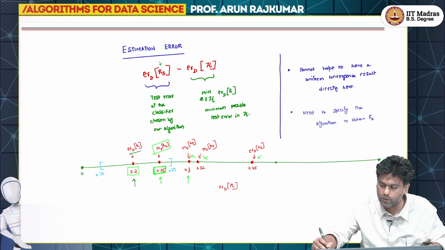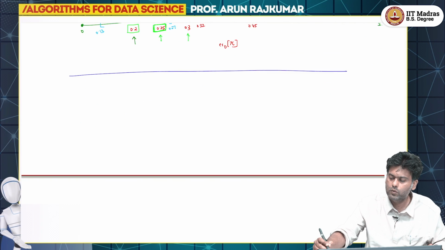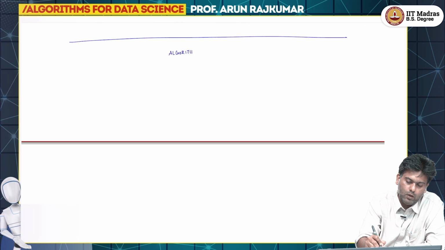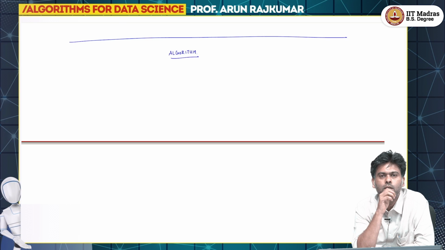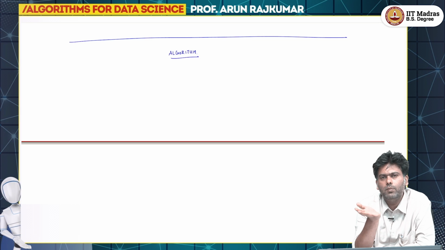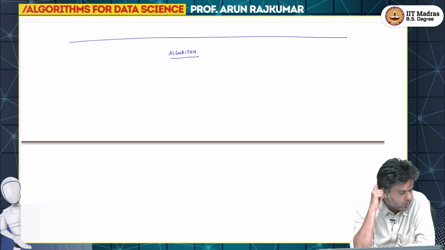So, what can be an algorithm for estimation error? Of course, if you have taken a machine learning course, you might have seen several algorithms for binary classification, maybe logistic regression, maybe making some generative assumptions, naive Bayes, support vector machines, perceptron, neural networks, whatnot.